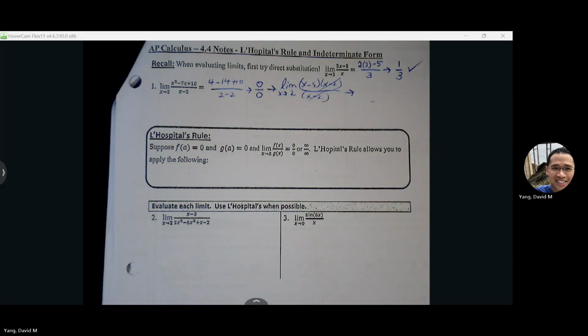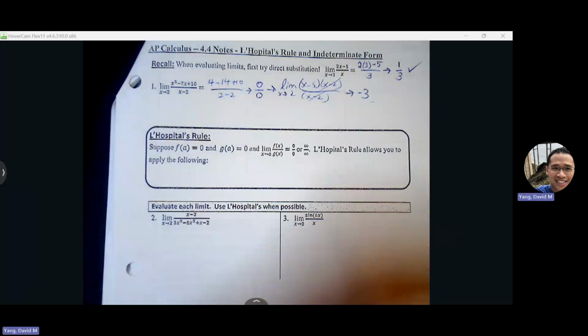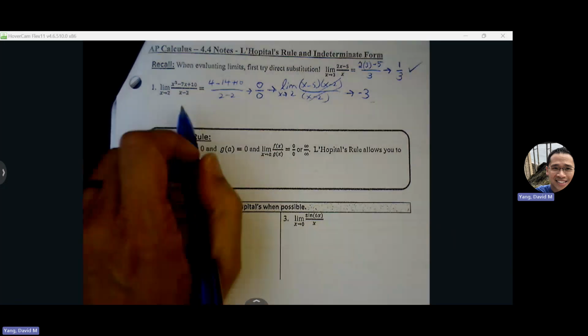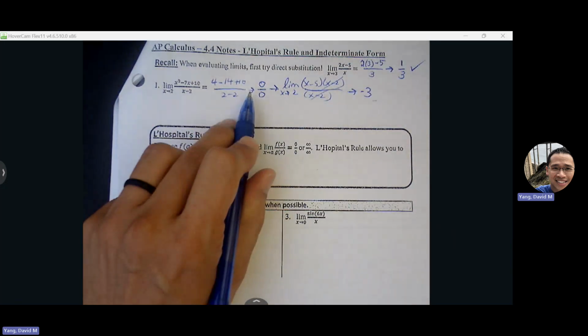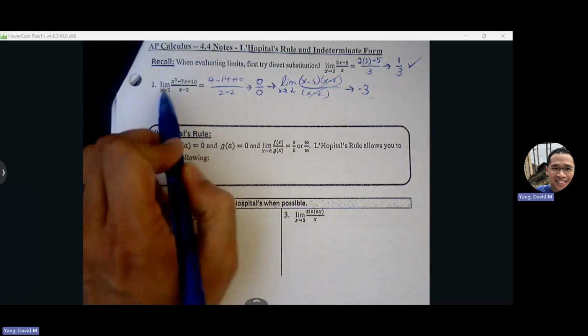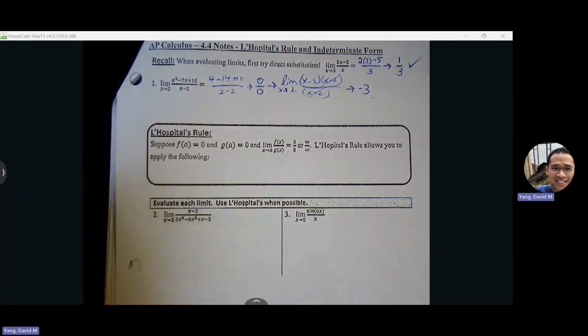Plugging 2 in for x, we get -3. Okay, so we get a real number, so we stop, right? There's nothing more to do. It doesn't matter if it's a one-sided limit. If we're getting a 0 over 0, we already know the limit exists, right? The one-sided limit is not going to impact us.